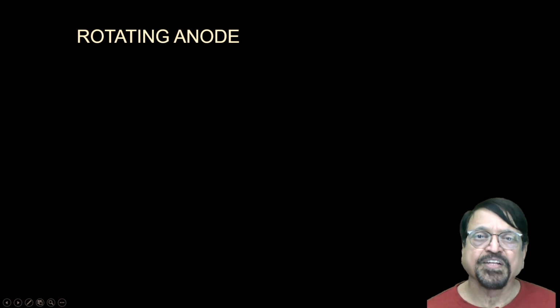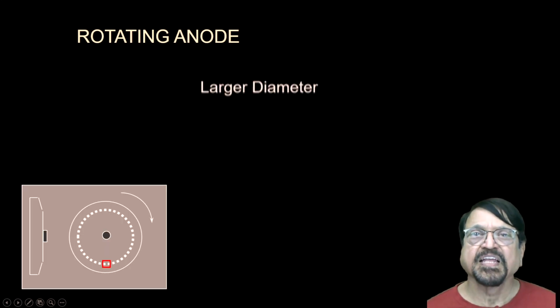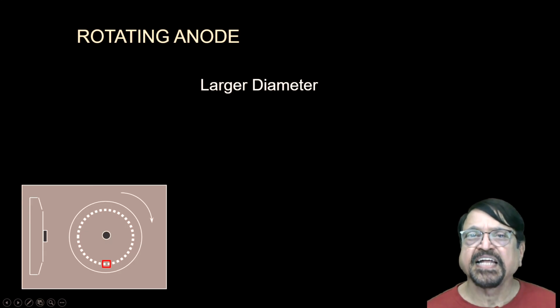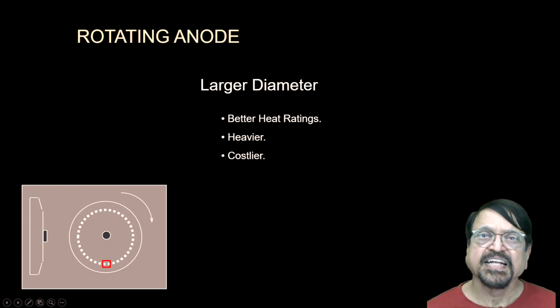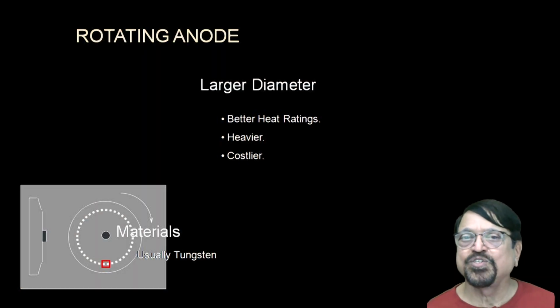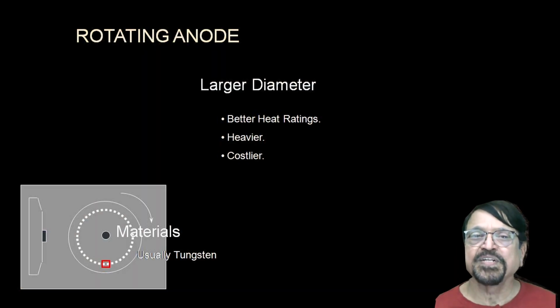But when you need a higher rating for the tube, there is no alternative. Here we are showing a larger rotating anode has a larger diameter, then better heat dissipation, it is heavier, it is costlier, disadvantages, and the material is usually tungsten because it has the best heat dissipation.